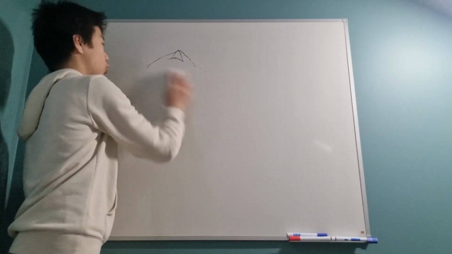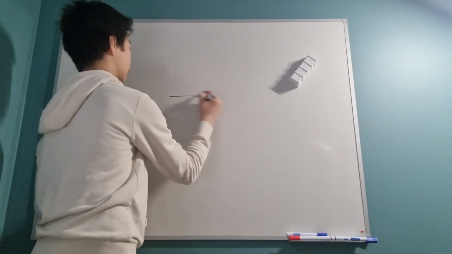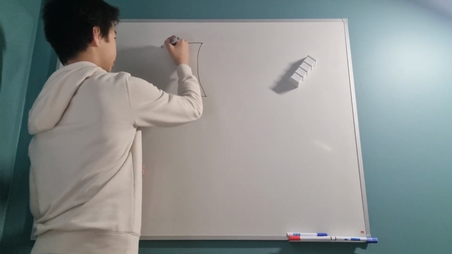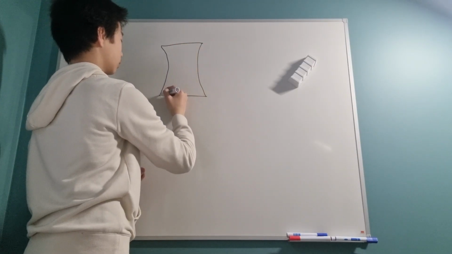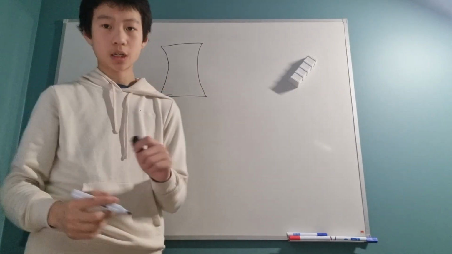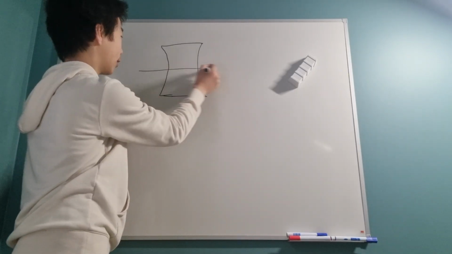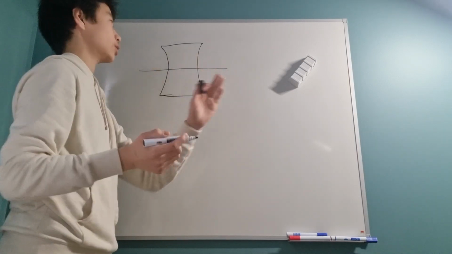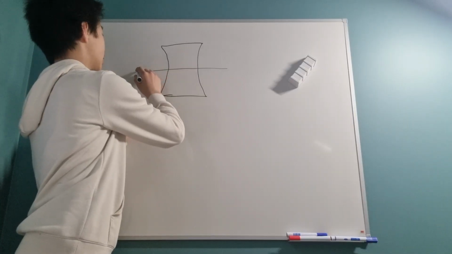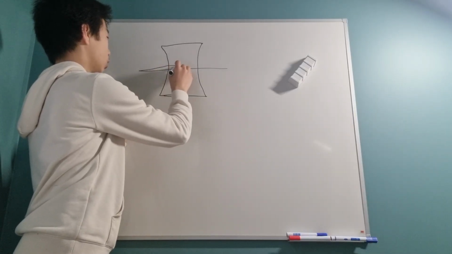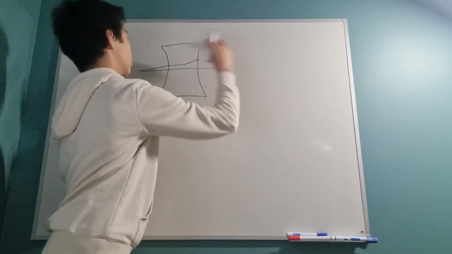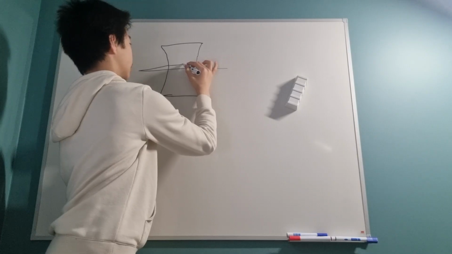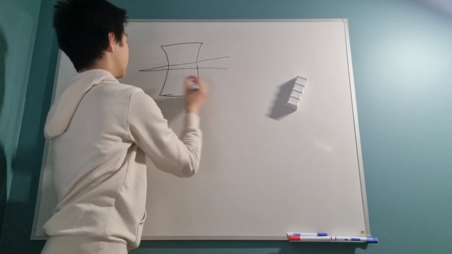Now let's move on to the concave. For the concave lens, you can see if the light is hitting directly at it, it moves through. It doesn't change. But if the light, for example, moves at this angle, you can notice that it's slightly diverging. What's diverging? It's the opposite of converging. So it's moving away.